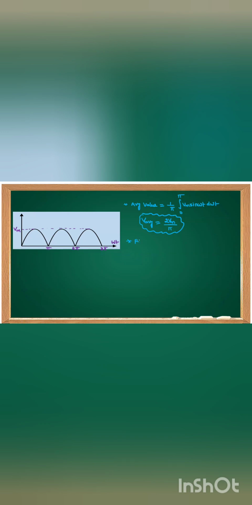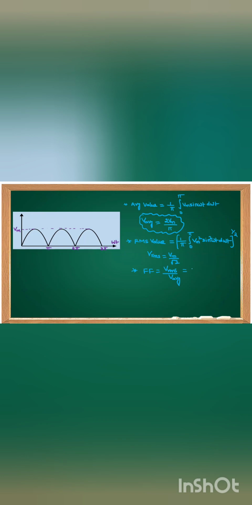What is the RMS value? RMS value equals the square root of 1 by pi integral 0 to pi Vm square sin square omega t d omega t. Then integrate and substitute the limits. What you get is RMS equals Vm by root 2. Then you try for the form factor, V RMS by V average.